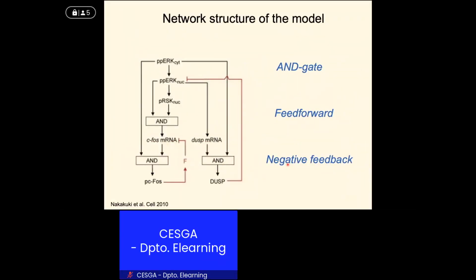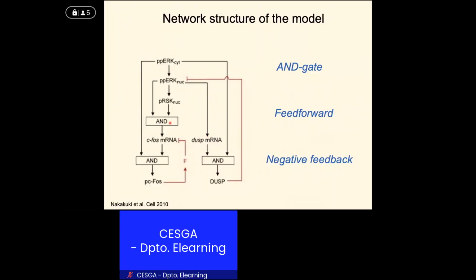And then finally we got this kind of network structure of how the ERK in the cytosol controls the c-Fos in the nucleus. And it contains this feed-forward loop involving c-Fos and DUSP.